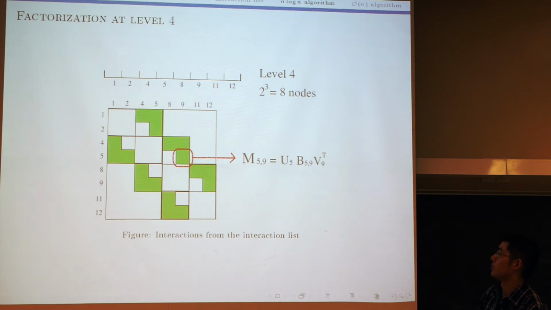And the block corresponding to the interaction between 5 and 9 can be factorized in this form. Similarly, we can factorize all other blocks colored green.